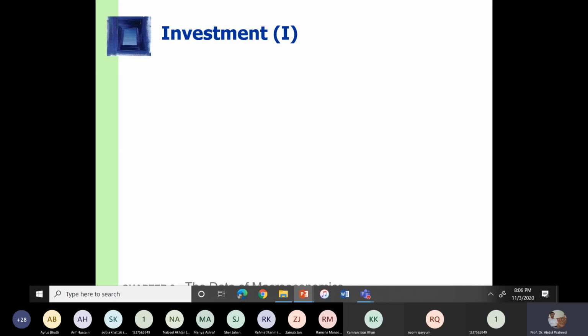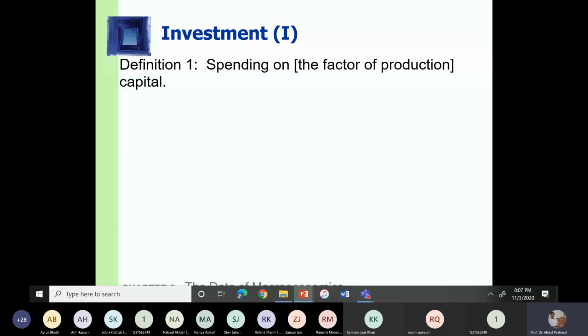So what is the net addition to the existing stock of capital? 3 computers. So these 3 computers are the net investment. I hope it's clear now. What is investment? Investment is the addition to the existing stock of capital. And we have gross investment and net investment.